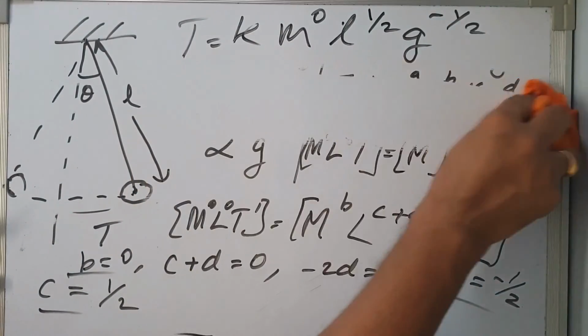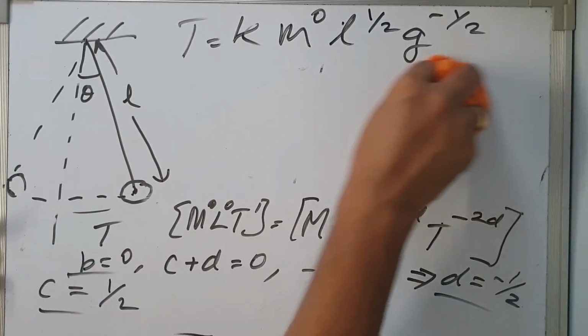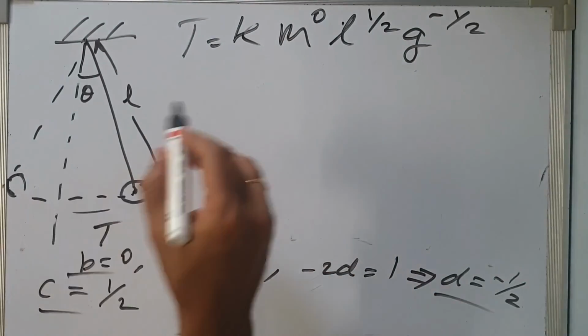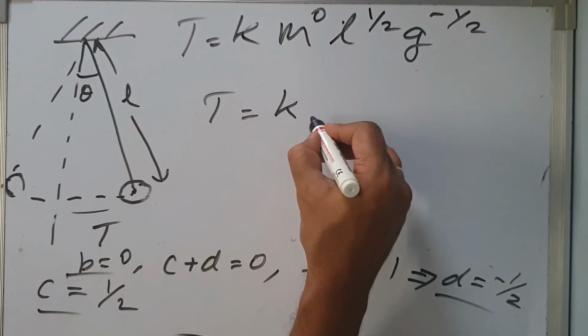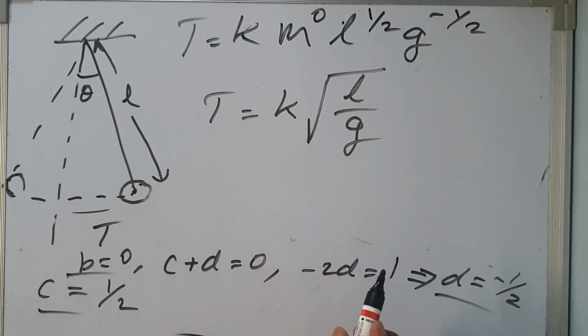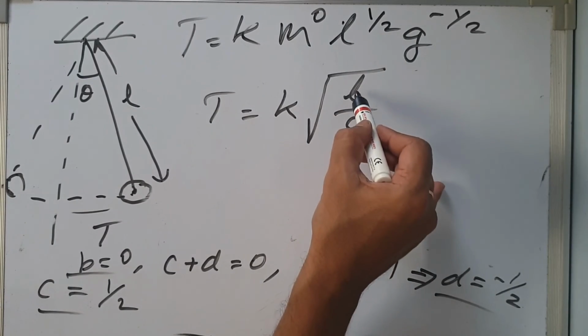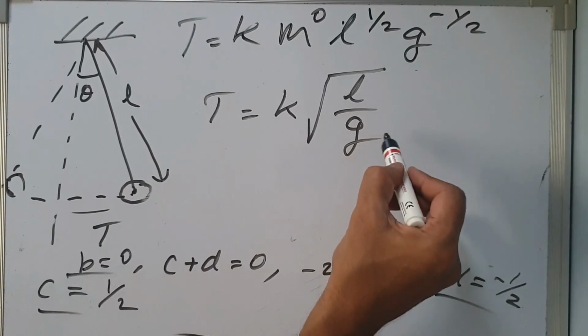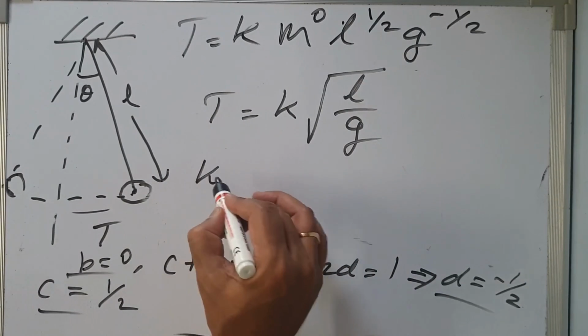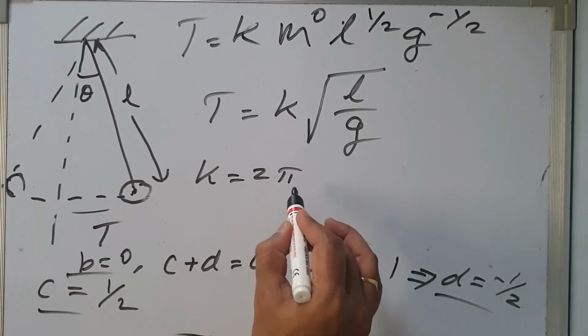To the power of 1 by 2 means square root. M to the power of 0 means 1. Therefore, I get T is equal to K under root of L by g. To the power of half means under root. Minus 1 by 2 means 1 by root of g. From experiments, it is found that K is equal to 2 pi.